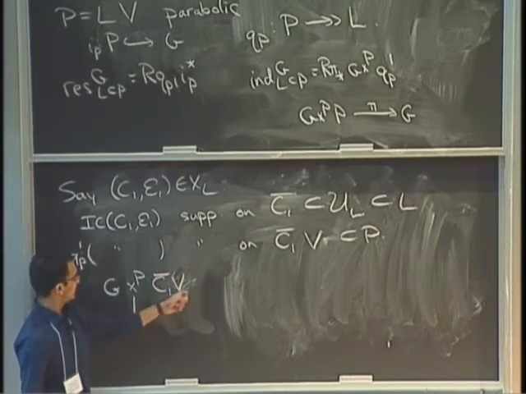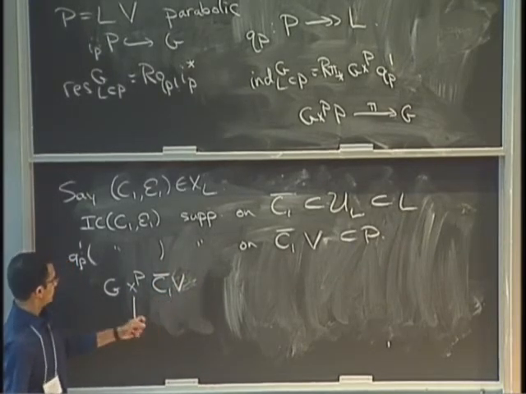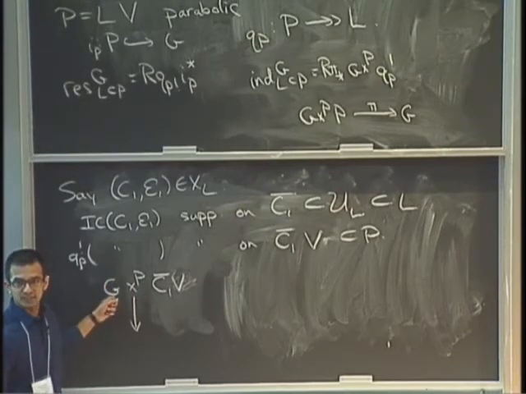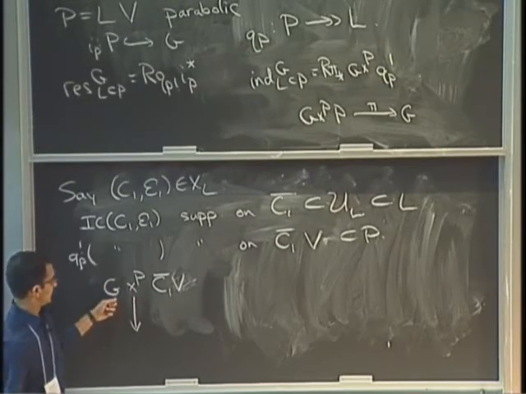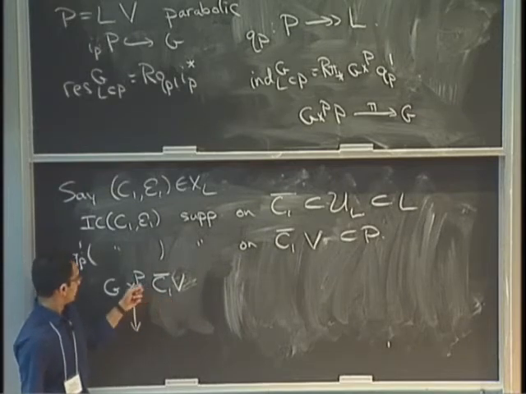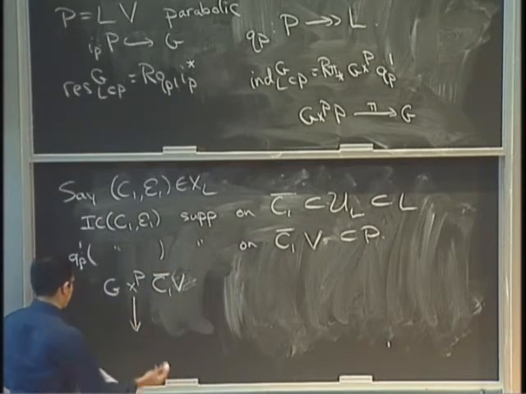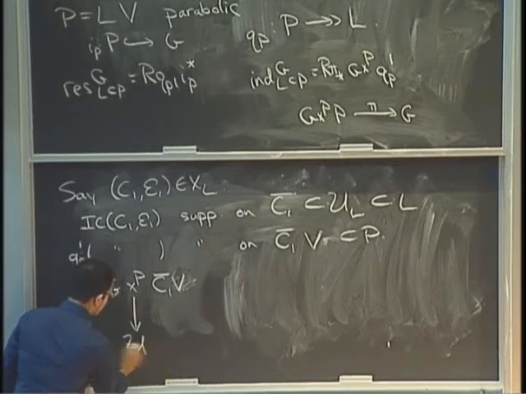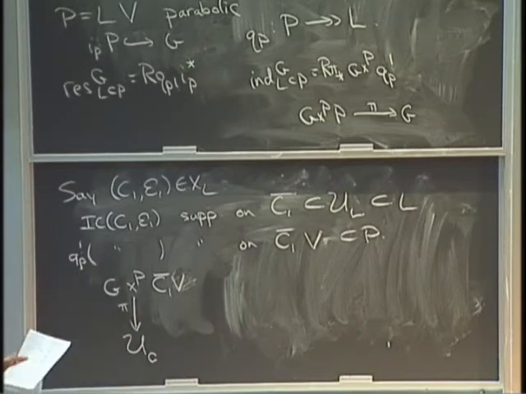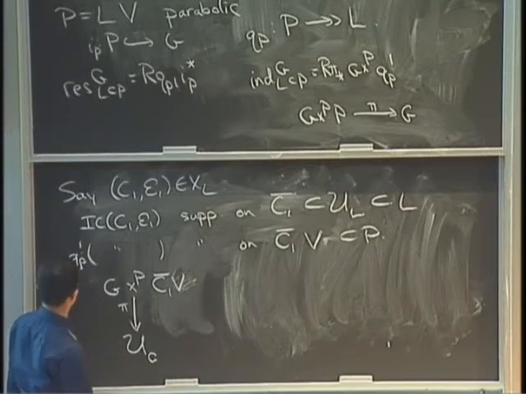You take an element in here, which is an element in the parabolic, and you act on it by conjugation by whatever element you have in G over here. Well, everything here is unipotent, so when you act on it by conjugation, of course, you're only going to get unipotent things. So instead of writing G here, this map pi is going to take values in the unipotent variety. So you end up with something supported on U_P.